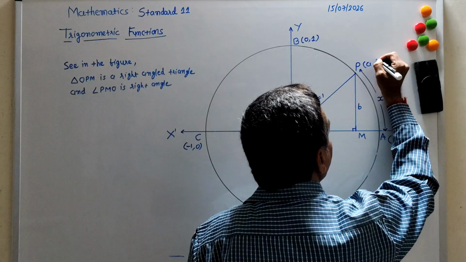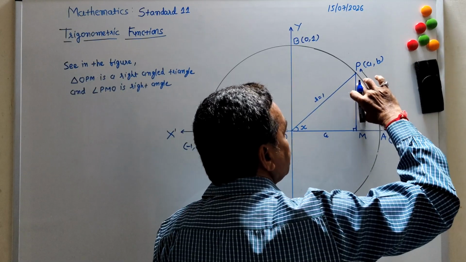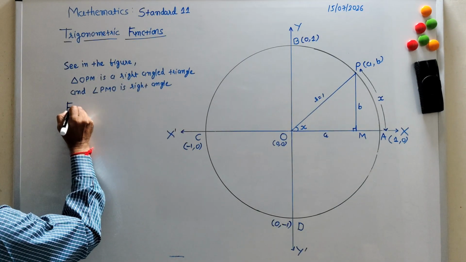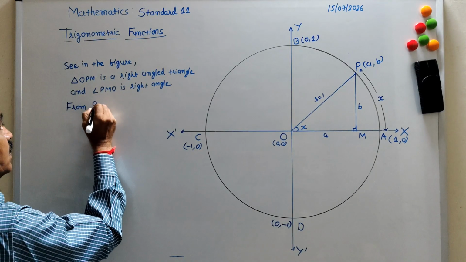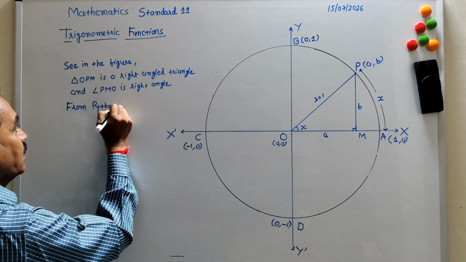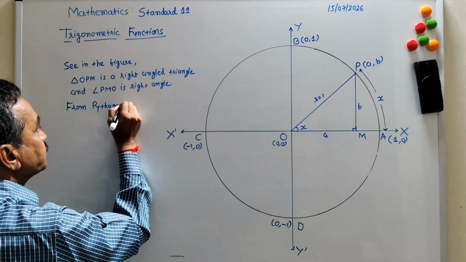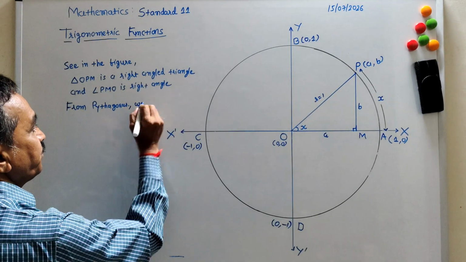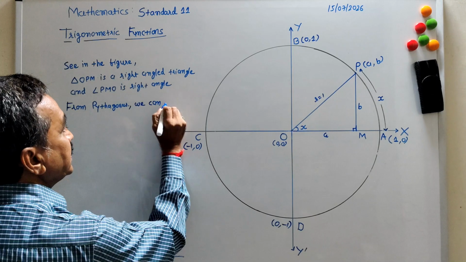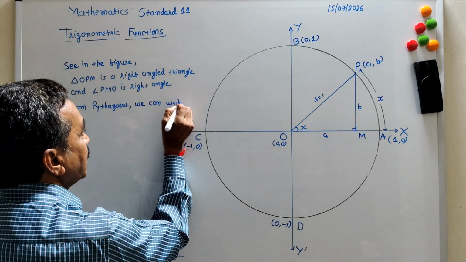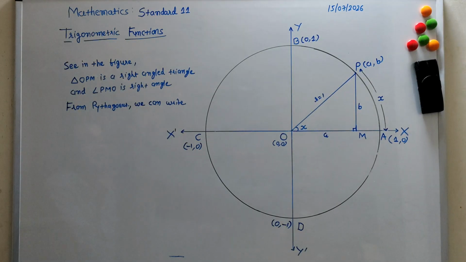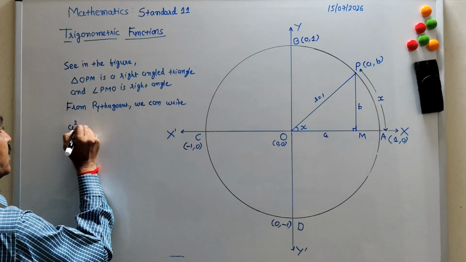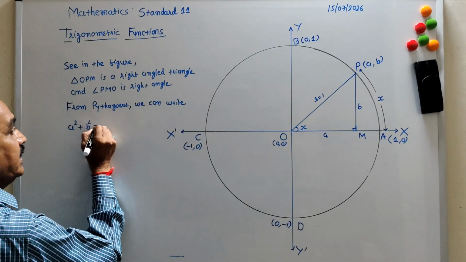X coordinate is A, Y coordinate is B. Now PMO is right angle, so from Pythagoras we can write A square plus B square is equal to R square.